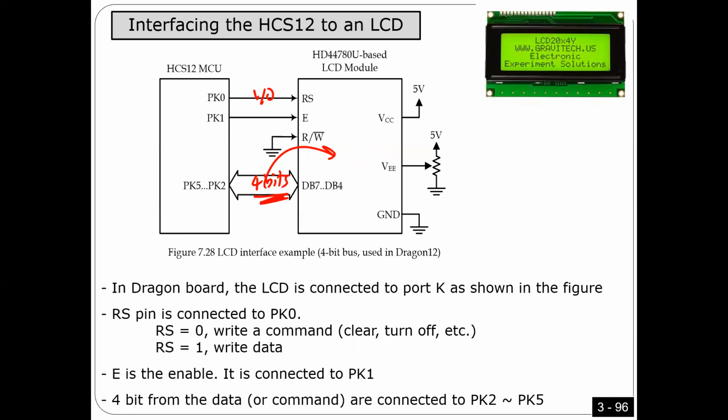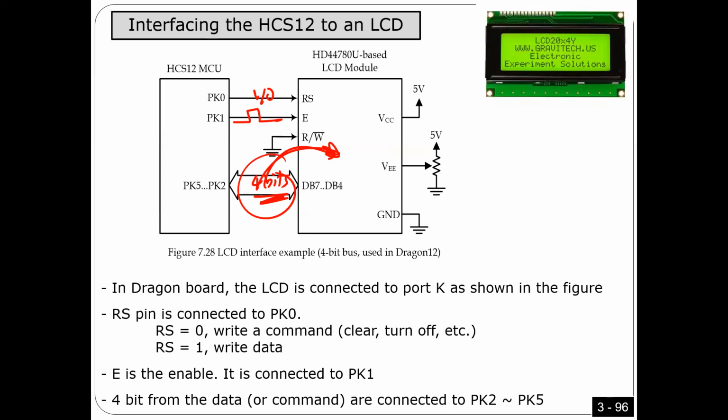I have to tell the LCD everything is ready, now you can take the data. How can I do that, as you will see later on this pin? I have to generate a signal like this one. Once you generate this signal, you are telling the LCD to now take this value, and the LCD takes it, as you will see later.